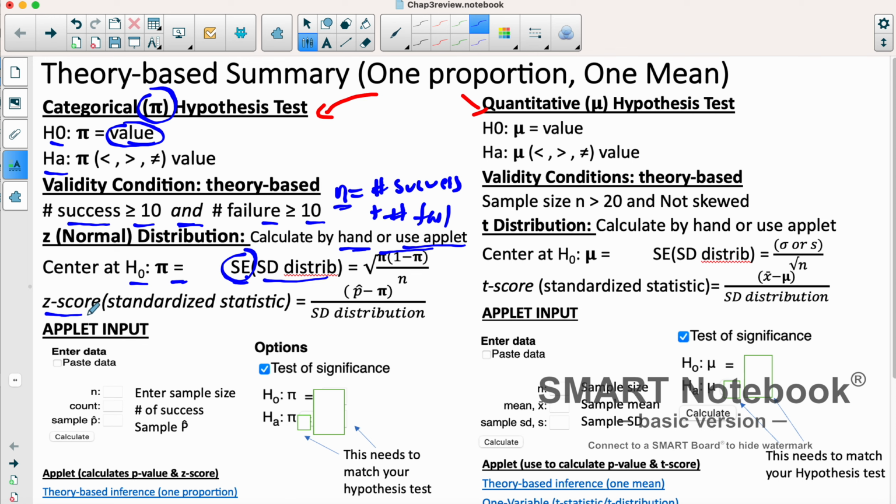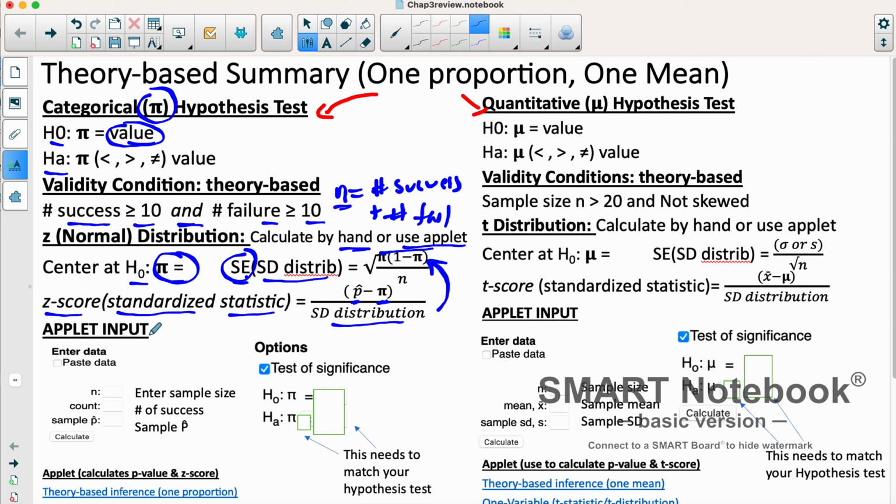When we're talking about categorical data, we have a z-score, also called the standardized statistic. We can calculate that, or the applet calculates it, by taking our observed statistic, p hat, minus the center or the mean of the distribution, in this case exactly equal to our null, pi, divided by the standard deviation of the distribution, which is just what we calculated up here.